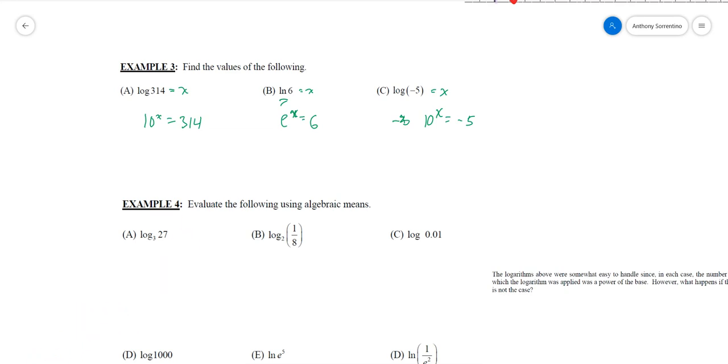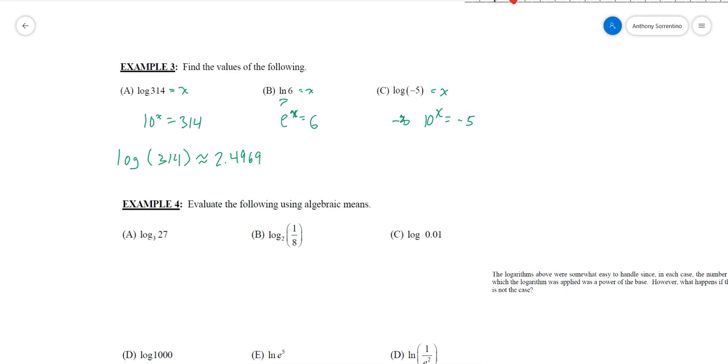So if you do log of 314 on your calculator, rounding to 4 decimal places, you get about 2.4969. And I do often recommend rounding to 4 decimal places if you're trying to come up with an approximate answer for the sake of going back and checking it.